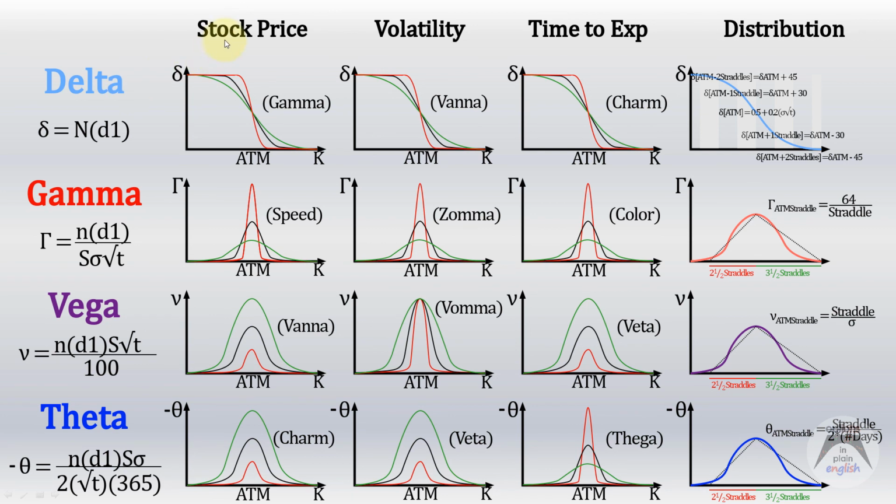The delta, as the stock price changes, gamma, vega, theta, this is what we've seen, and this is what we saw in this lesson, but just in a single table, so that you can have everything at a single glance.